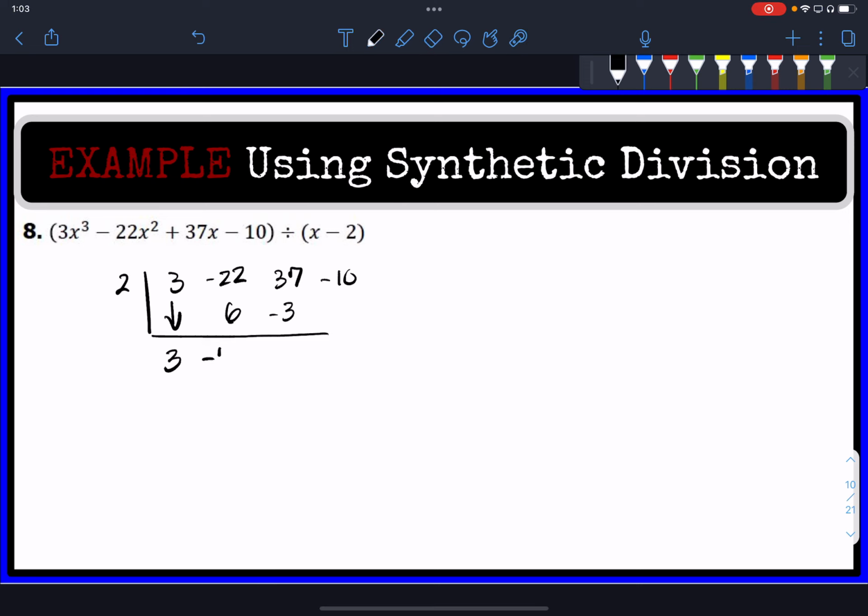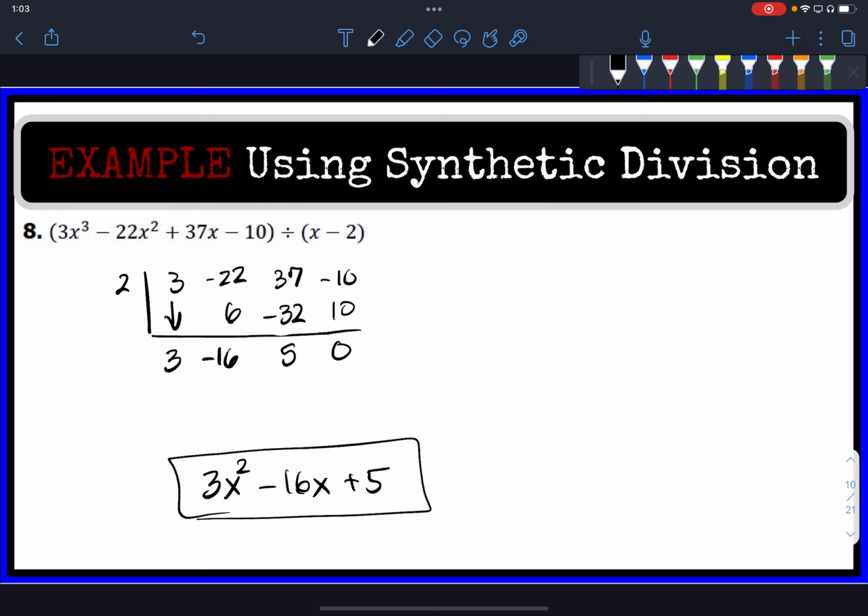Negative 16, which when I multiply by 2 is going to be negative 32. Adding a positive and negative 32, that's going to be 5. And then that becomes 10. And adding a negative 10 with a positive 10, that's 0. So my answer is 3x to the second power minus 16x to the first power plus my constant of 5. And again, there's no remainder, so I don't have to add the 0.